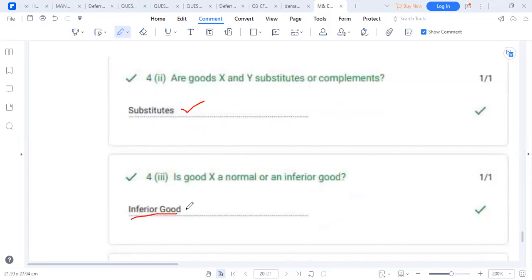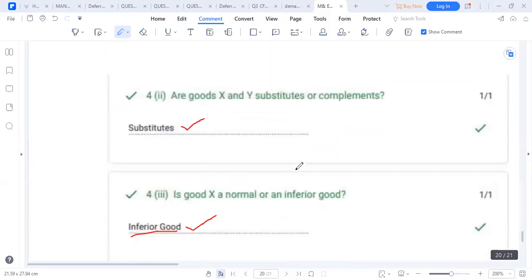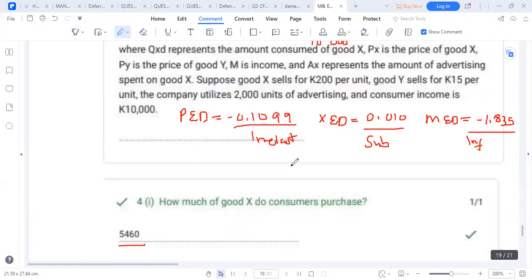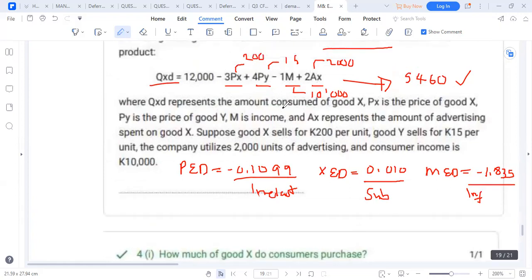You found inferior good. Correct. So see how interesting it is. This is what you wrote in your test. Mr. Collins, could you be kind enough to just go through this equation with us?